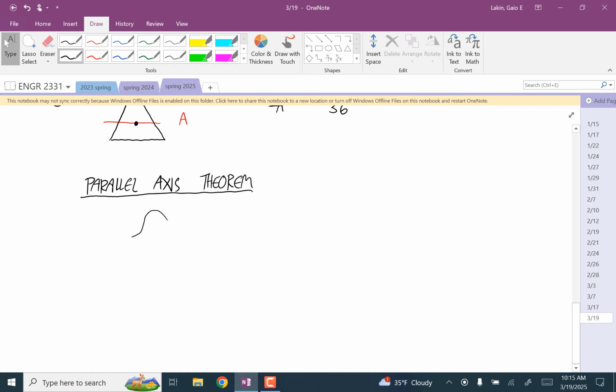So if you have some arbitrary shape, and say that the centroid of this shape is here, and that means the neutral axis is here, and you want to calculate the area moment of inertia about this line.